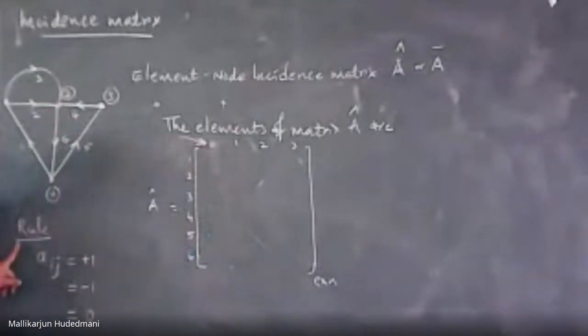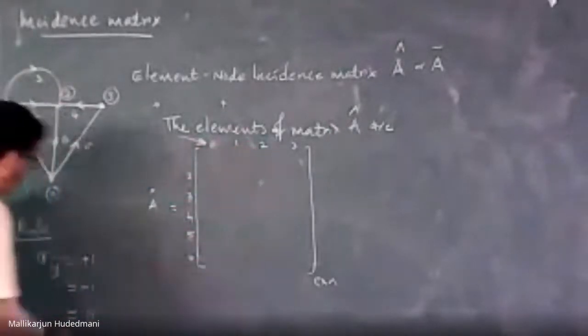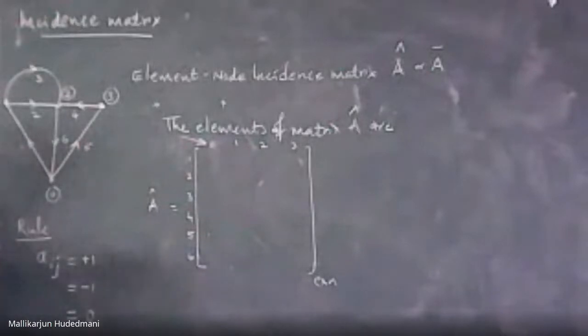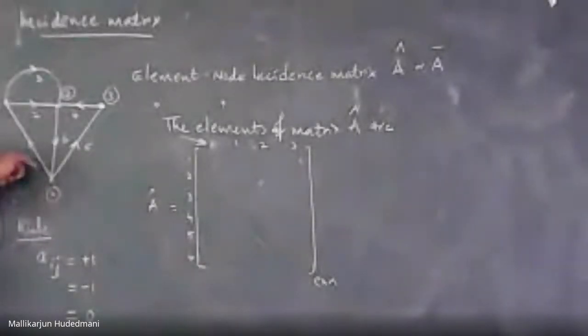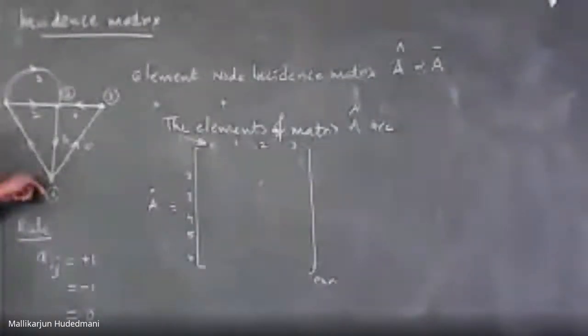Then the rule says the elements of the matrix A follow a rule, Aij. Aij means the ith branch is incident to the jth node or bus. Suppose the ith branch is incident to the jth node and oriented away from that, it is +1. Oriented towards that, -1. Not at all incident, 0. I repeat that.